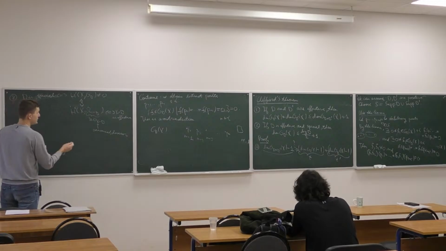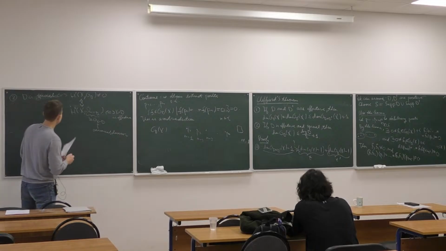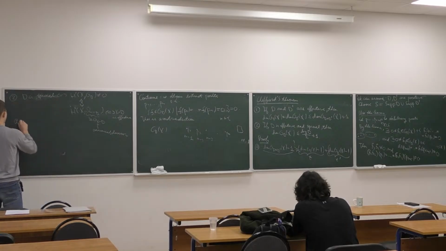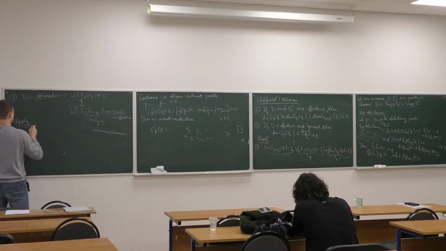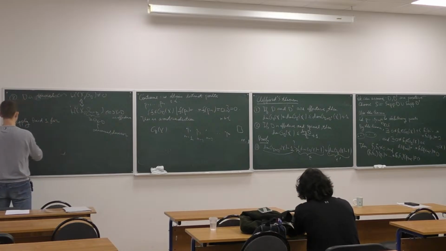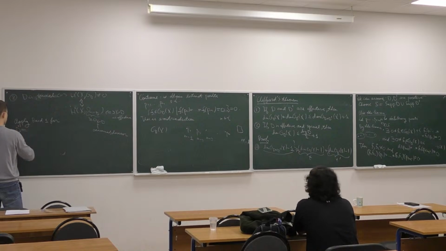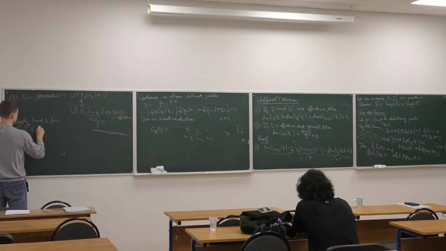And then you just apply part one for D and D prime equals K minus D.